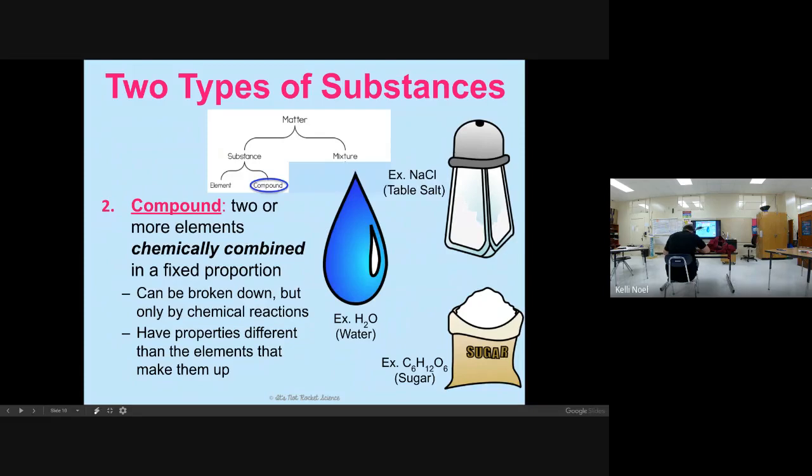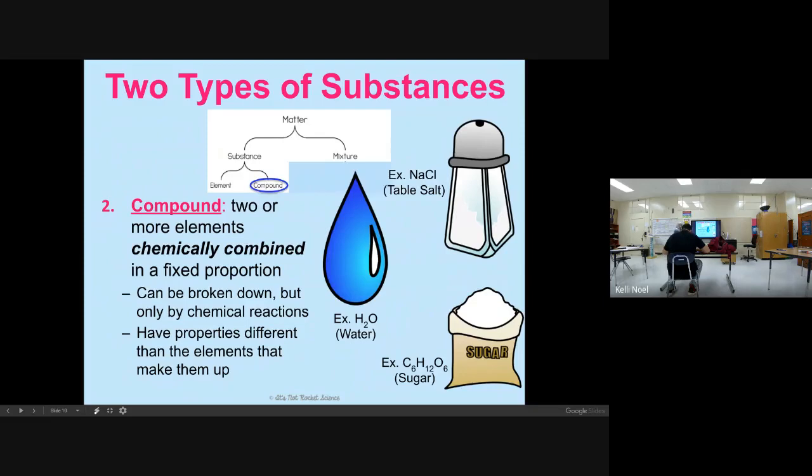Take table salt as an example, NaCl. Sodium, Na, is here on the periodic table. It's in the first column, and it is a very soft, silvery metal, very reactive. You have chlorine in the next to the last column. It's a gas and it's poisonous.